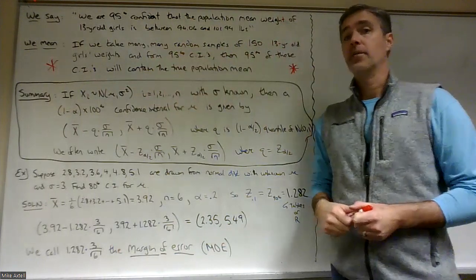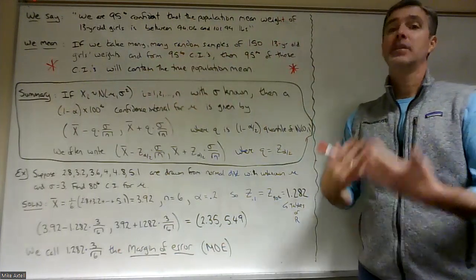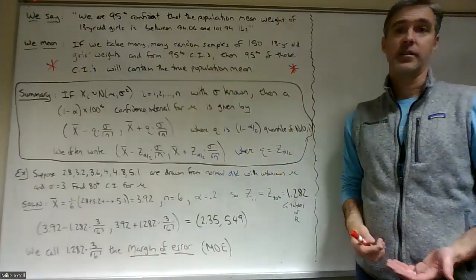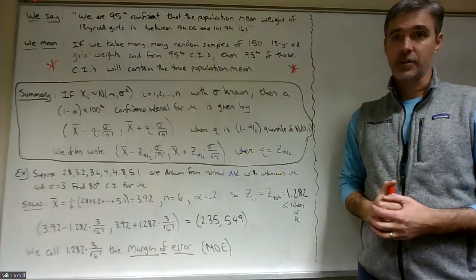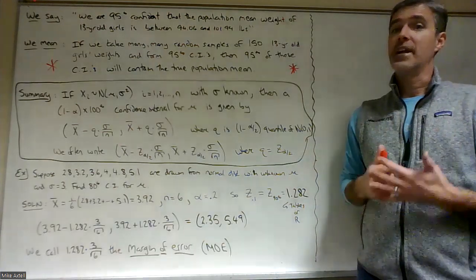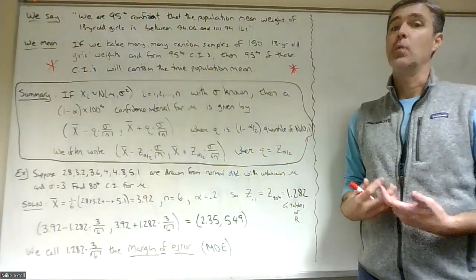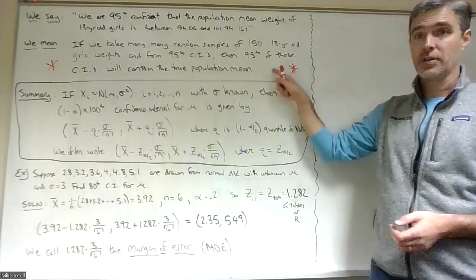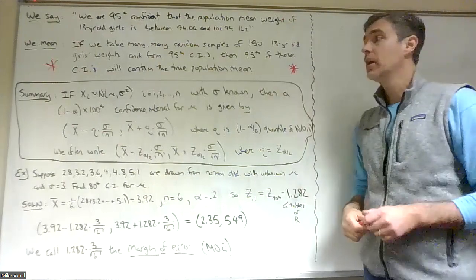So if I simulate this process 1,000 times, generating 1,000 95% confidence intervals, then I'm pretty sure that 950 of those confidence intervals will contain the true population mean. Okay, all right, so that's an important statement to lock into your brain.